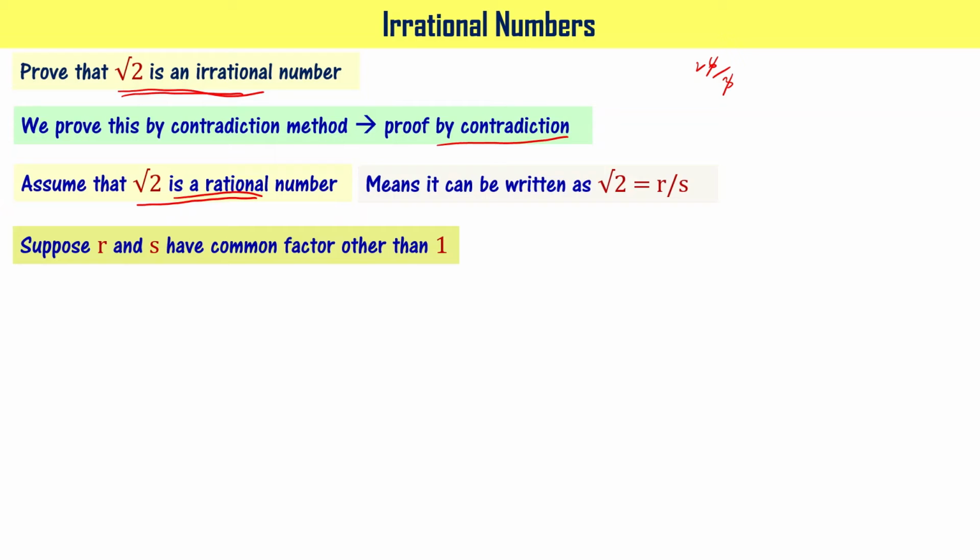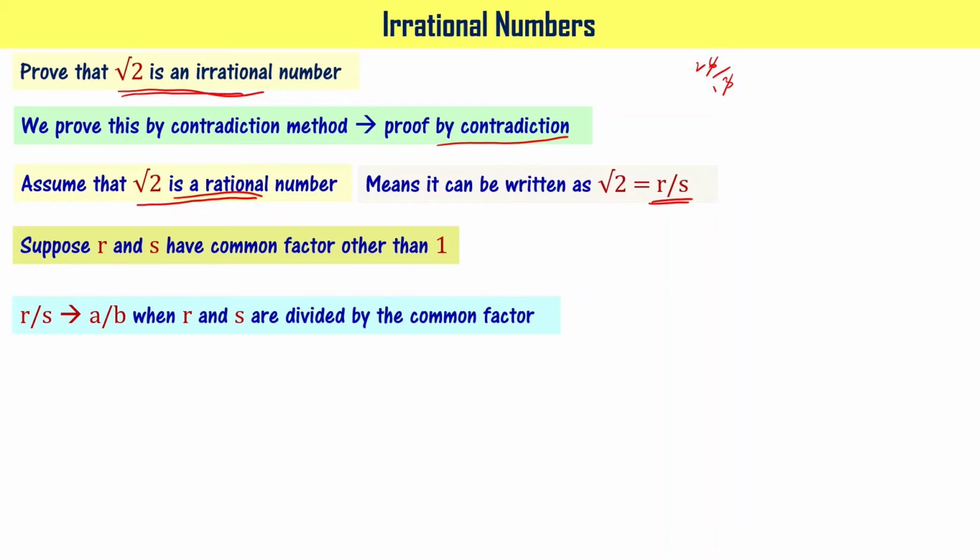So if r and s have any common factor other than 1, we can divide both numerator and denominator of this ratio r by s with that common factor, so that I can write it as a by b. For example, r divided by that common factor is a and s divided by that common factor is b, right?